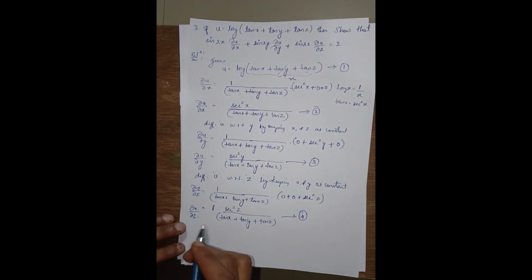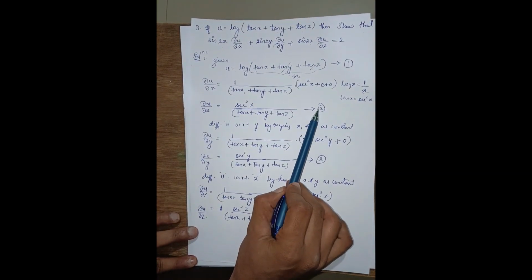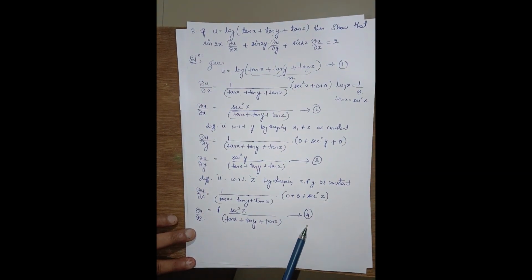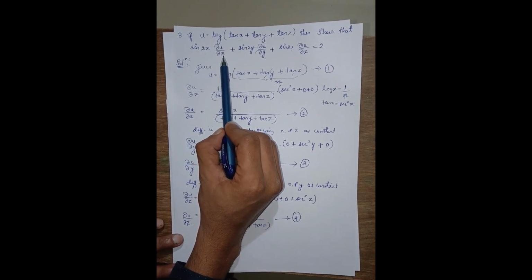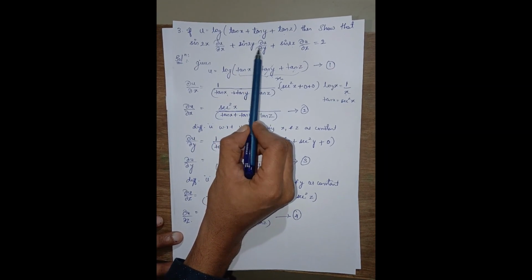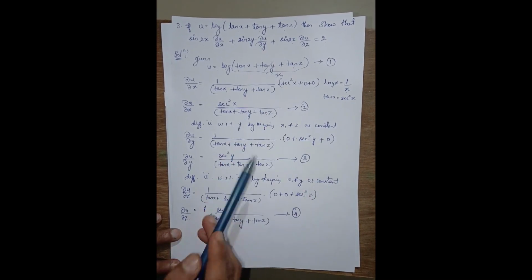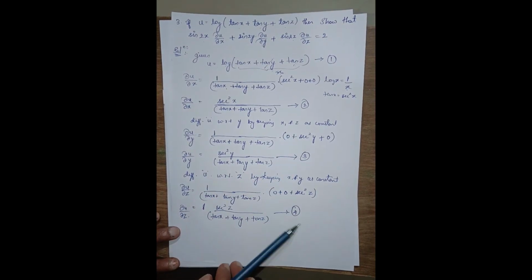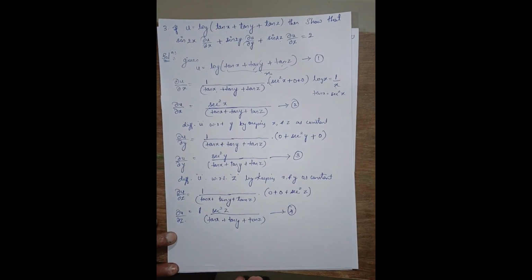Now what we will do is substitute equations number 2, 3 and 4 in the given expression, that is sin 2x into ∂u/∂x plus sin 2y into ∂u/∂y plus sin 2z into ∂u/∂z. After substituting these, we should get 2.